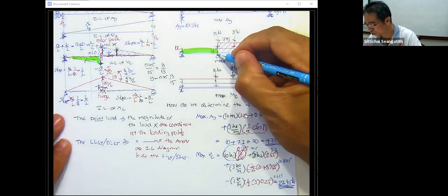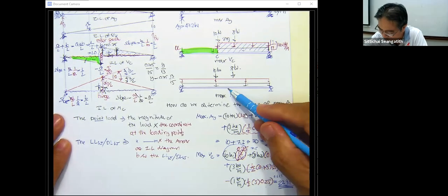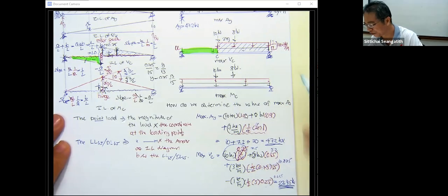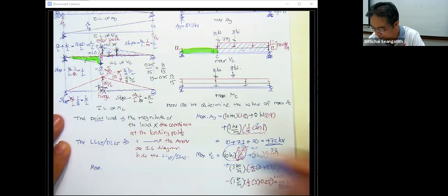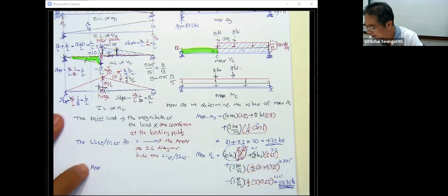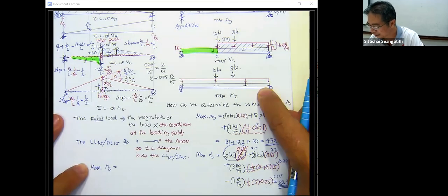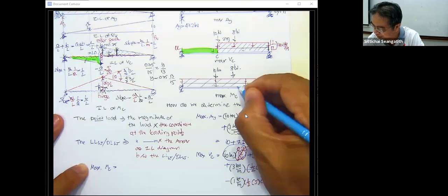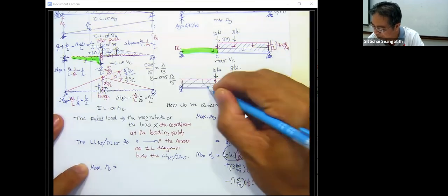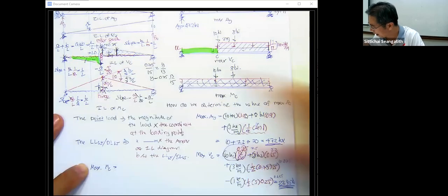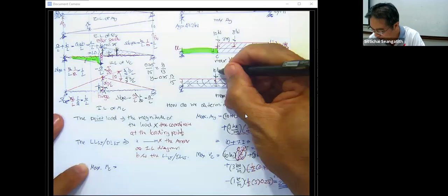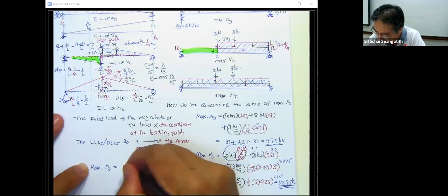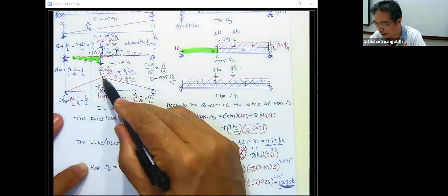For the moment, you do the same thing. This is going to be the maximum of what? Of M sub C this way. The force here is going to have the total area here, and the 10 kilonewton is going to have the coordinate here.